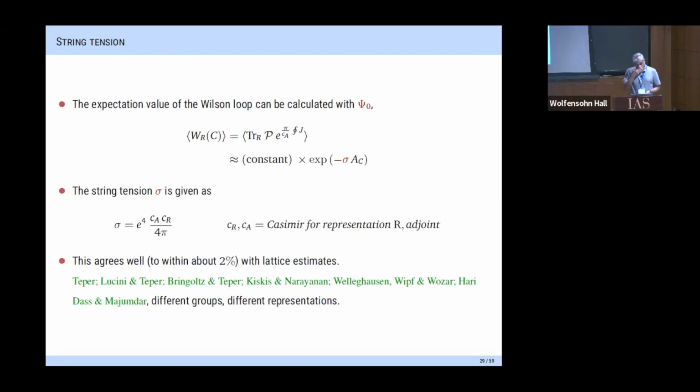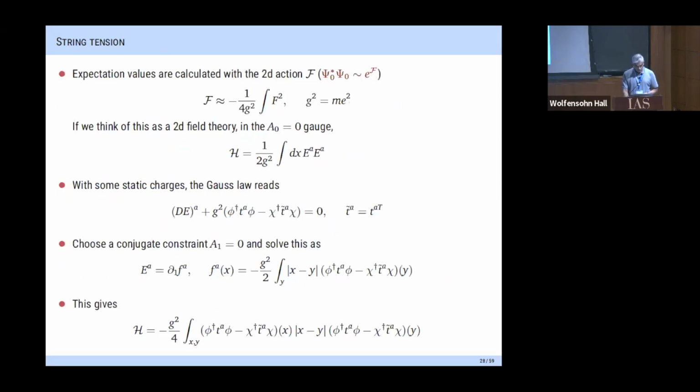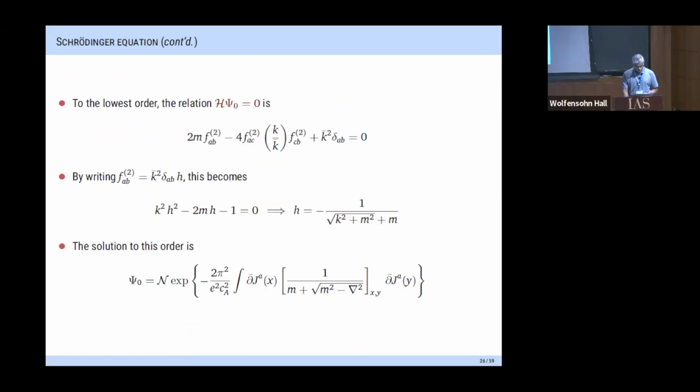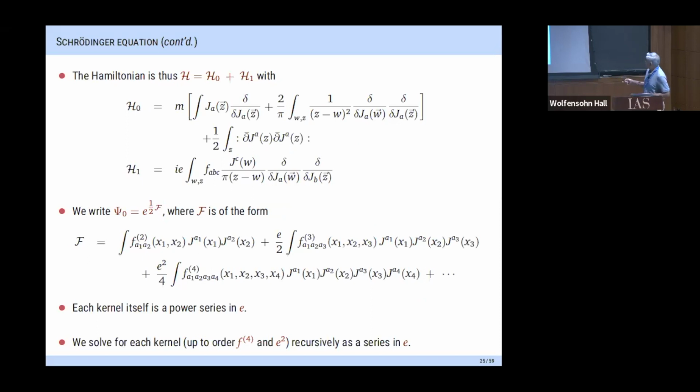Okay. So today I want to start by asking the question, what kind of corrections would be there for the string tension? What that means is that we should go back here to this expression. We do know what F3 is and F4 is and so on.